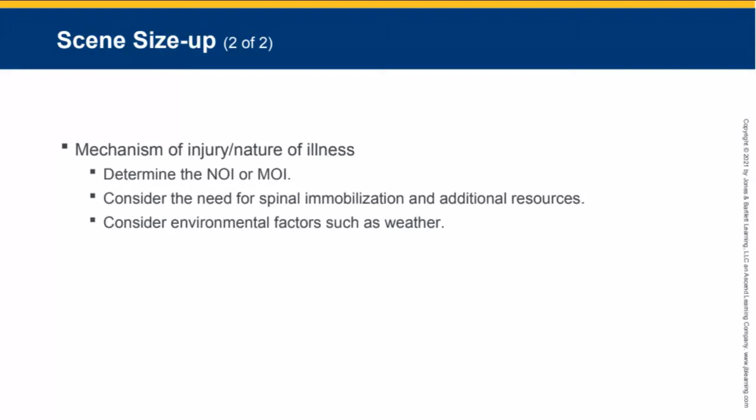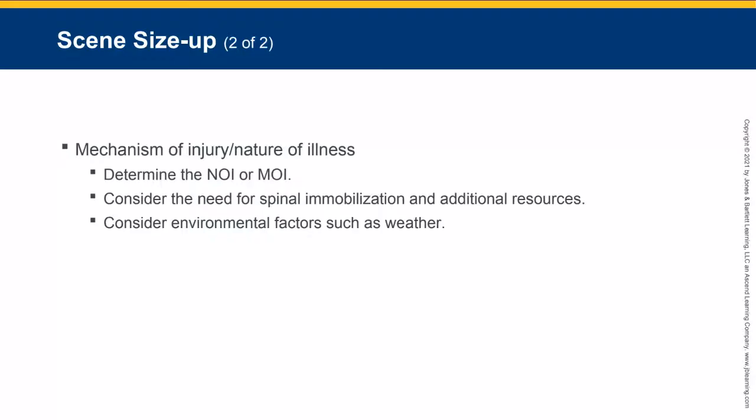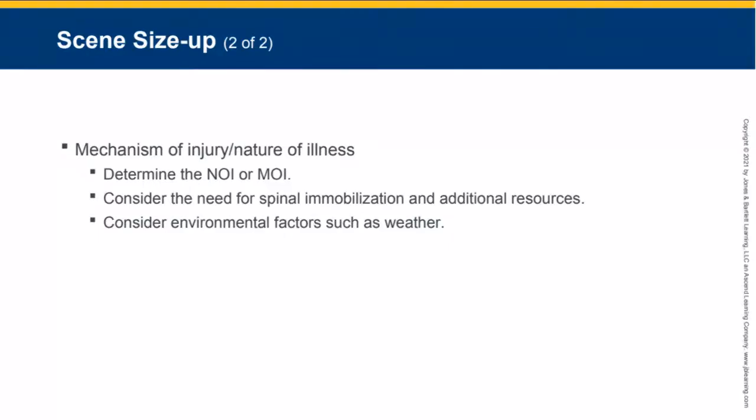Identify the mechanism of injury or nature of illness. So determine the NOI or MOI. Consider the need for spinal motion restriction and additional resources. So is the MOI significant, and do you suspect that the mechanism is diffused? If you do, then you should be considering spinal motion restriction, and if necessary, additional resources.